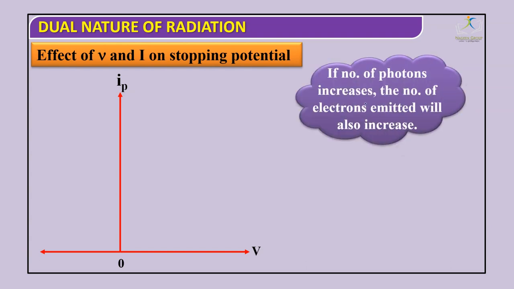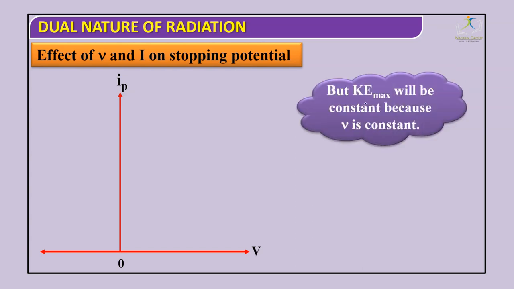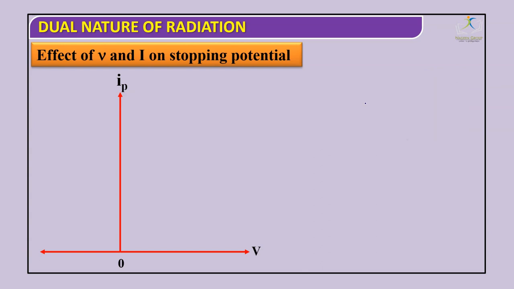If the number of photons increases, then the number of electrons emitted also increases. And if the number of electrons increases, the photoelectric current increases. But kinetic energy will be the same, since nu is constant.